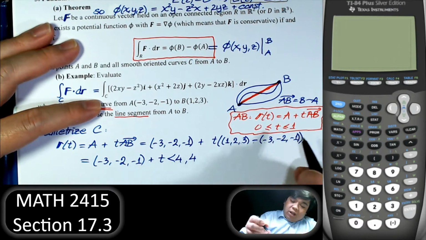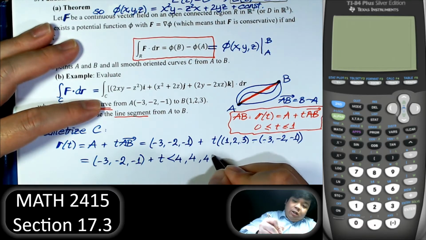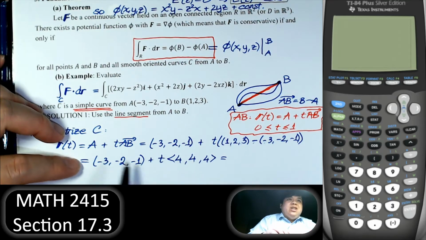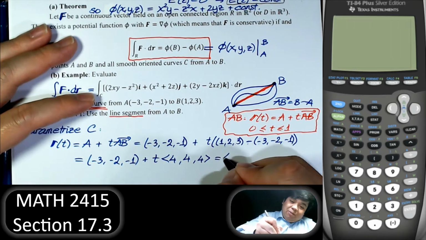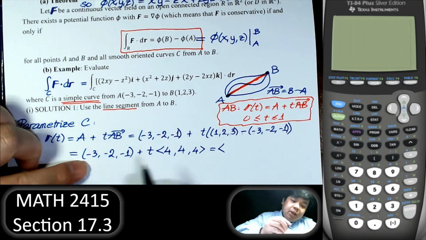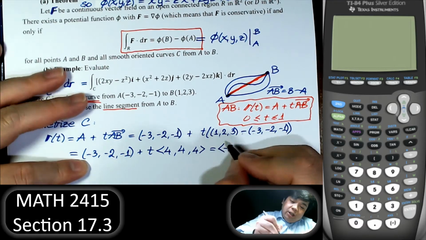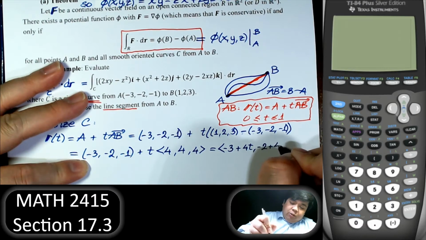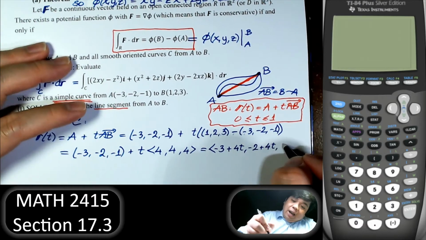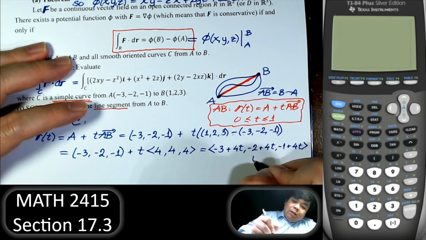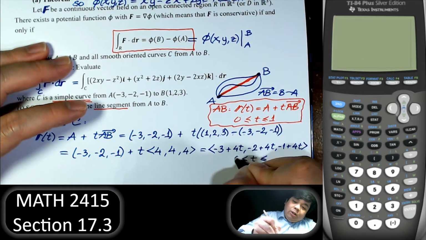And 3 minus -1, that's also 4. I said the notation of vector doesn't really matter; they're the same. By the same, I mean they have 3 components. So -3 plus 4t, -2 plus 4t, and -1 plus 4t, where t is between 0 and 1.